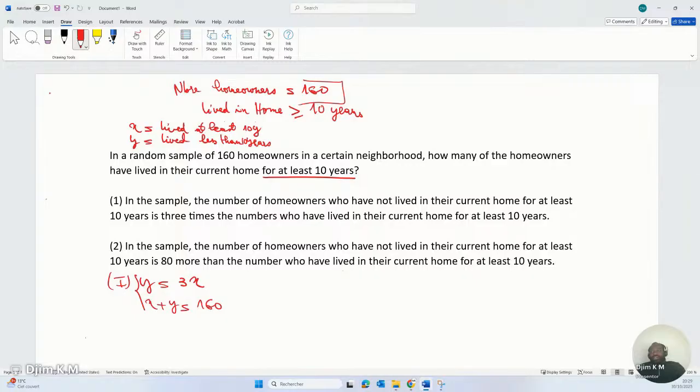So we are looking for x, okay? y is 3 times x. So this will lead us to say that x plus 3x is equal to 160. 4x is 160, x is 40.